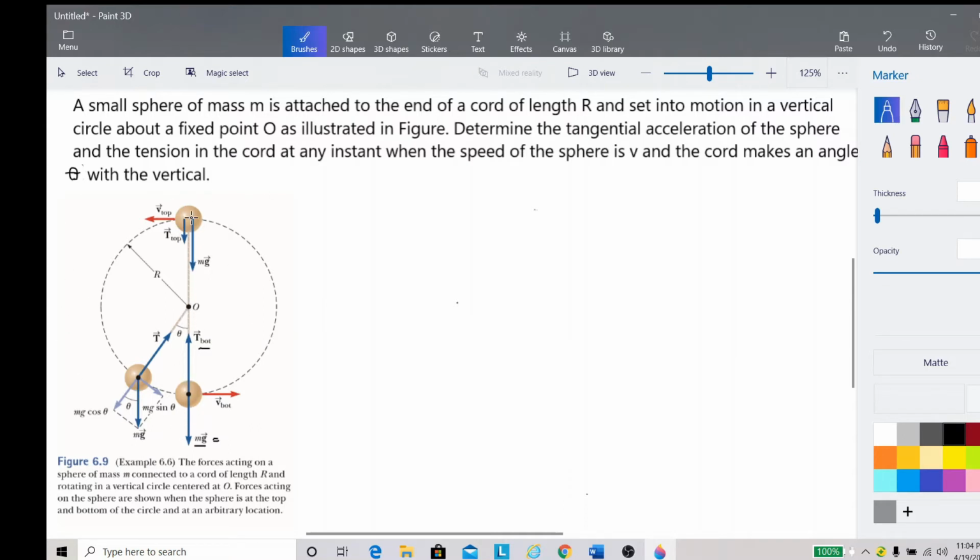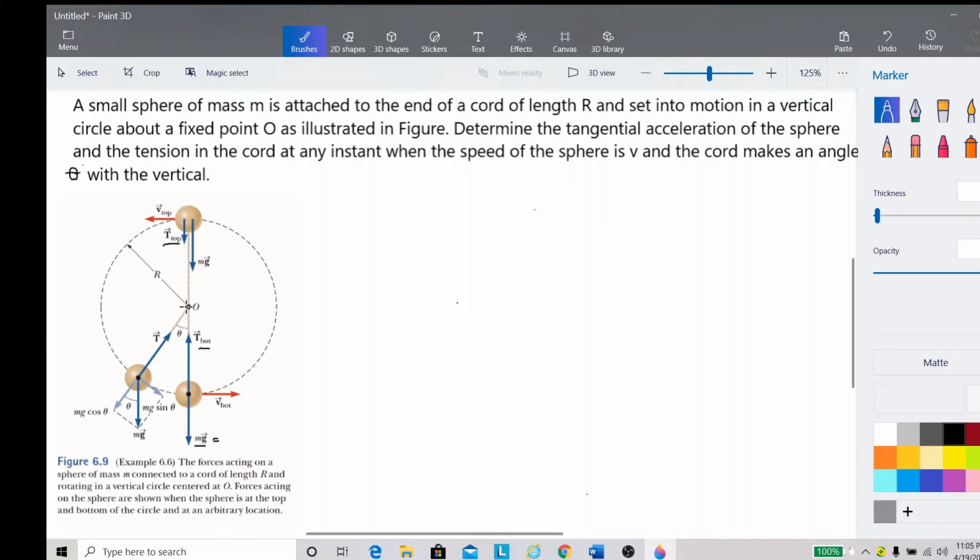Now, we illustrated at the top, of course, there will be the tension in the cord at the top that is going downward and the weight that is going downward also. So, the velocity will always be tangent to this imaginary circle. We also draw an illustration at any instant.